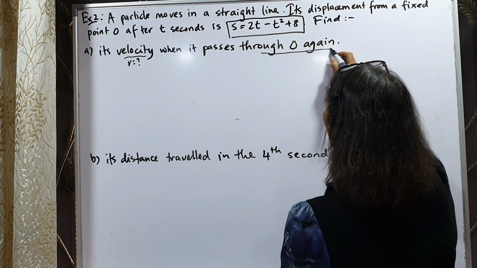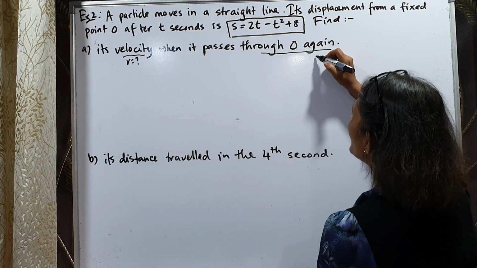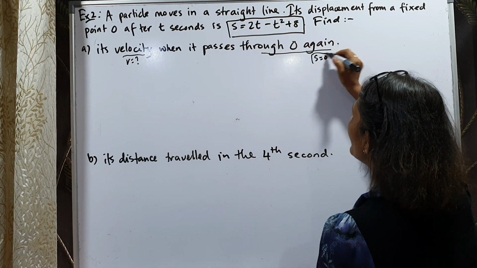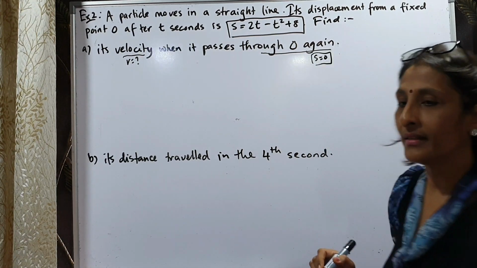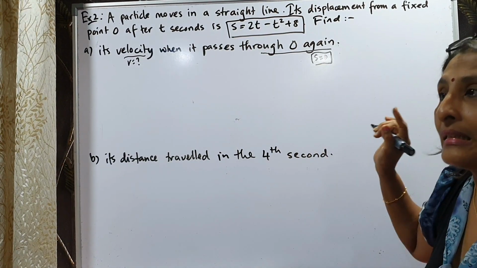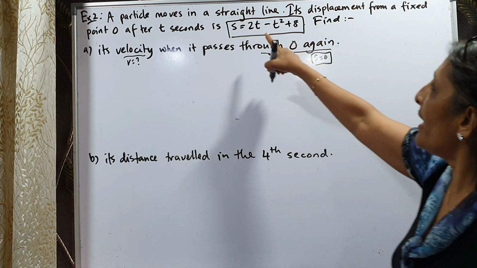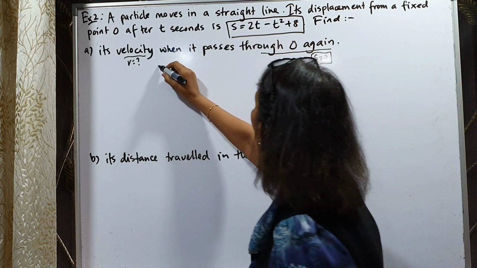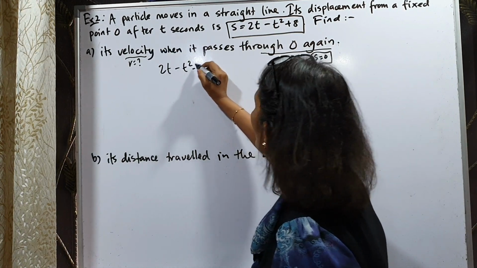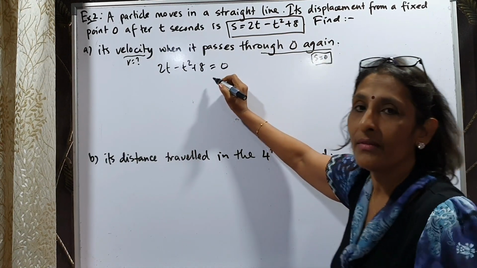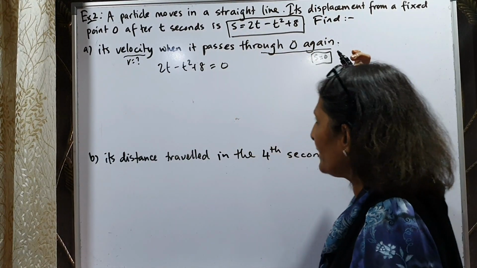When it passes through O, remember your notes, we should put s equals 0 here. You're supposed to have memorized it. Passes through O means its displacement was 0 there. So we take s, 2t minus t squared plus 8 equals 0, and we factorize it.